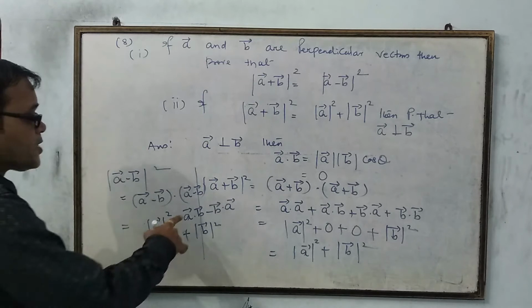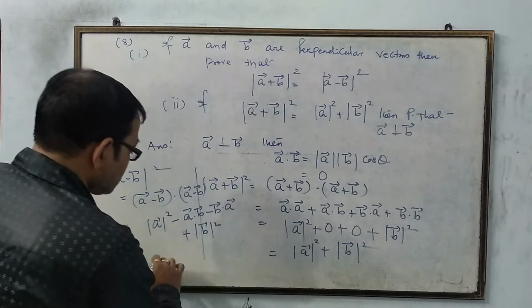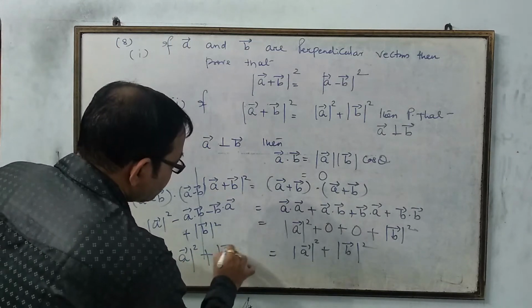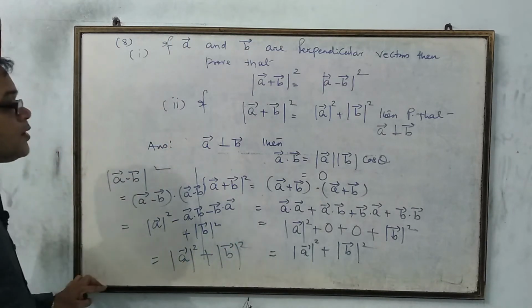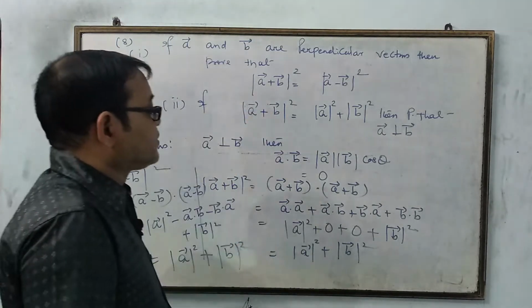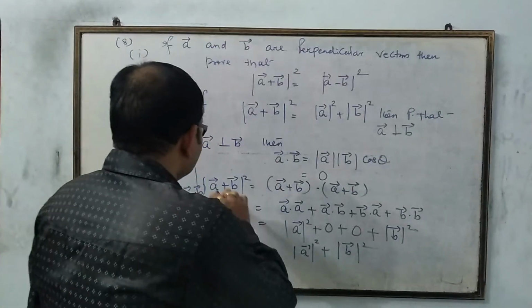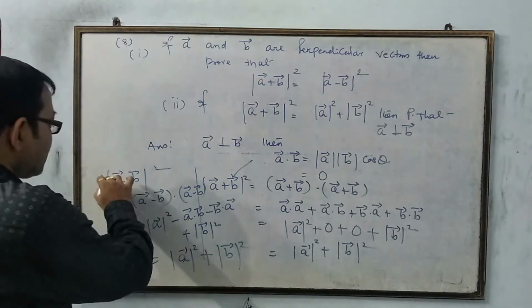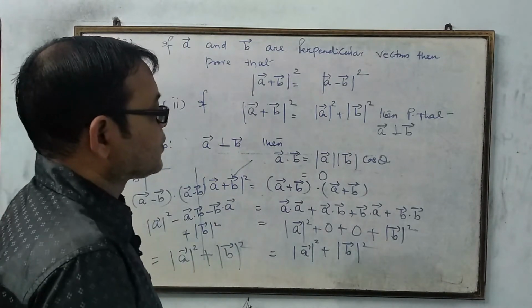Since A dot B is 0 and B dot A is 0, we get magnitude of A square plus magnitude of B square. This proves that A plus B square and A minus B square are equal.